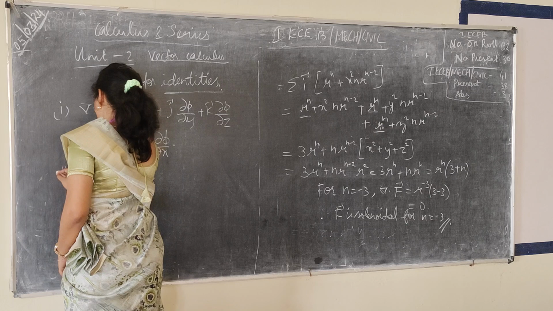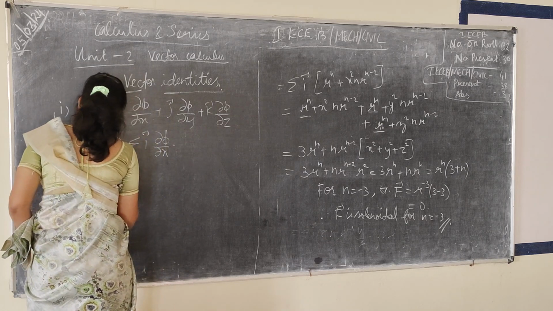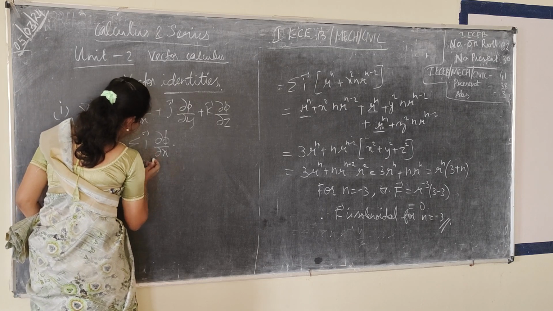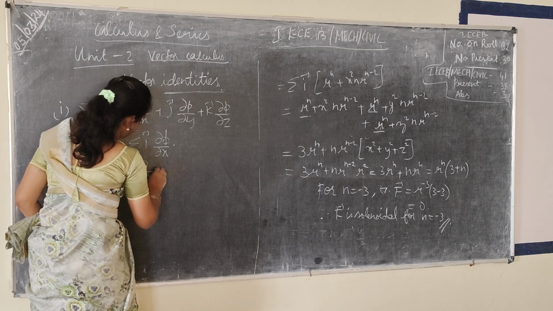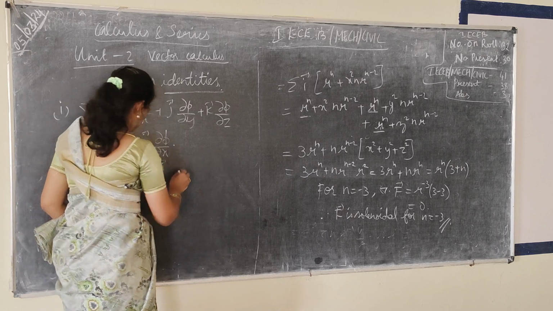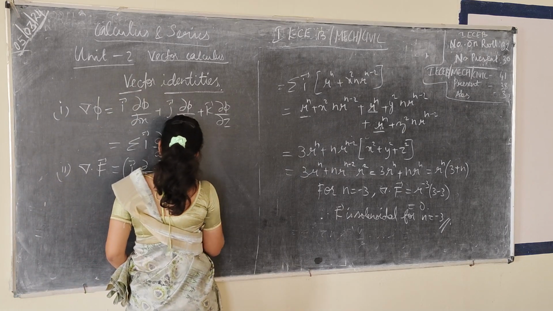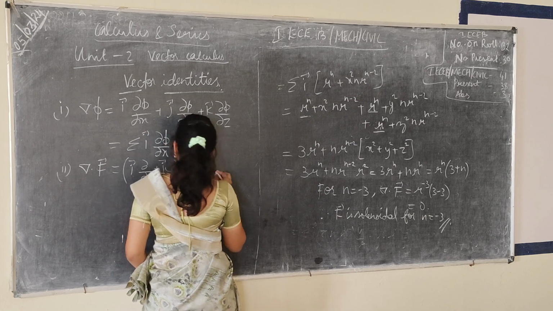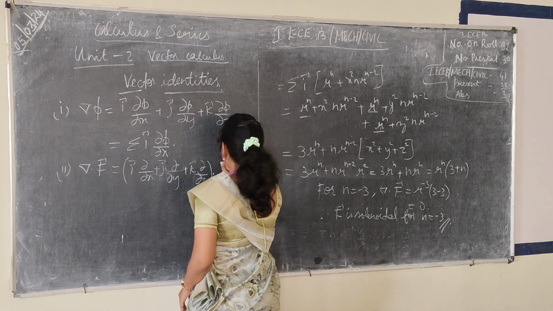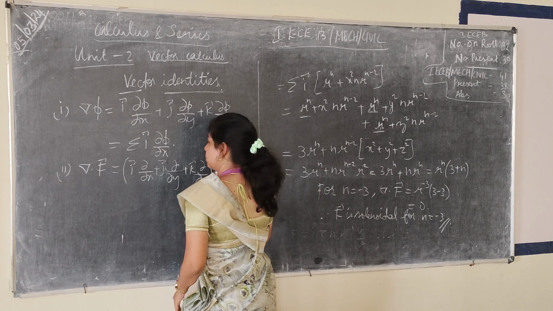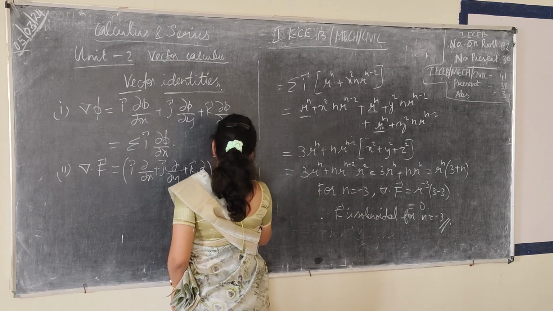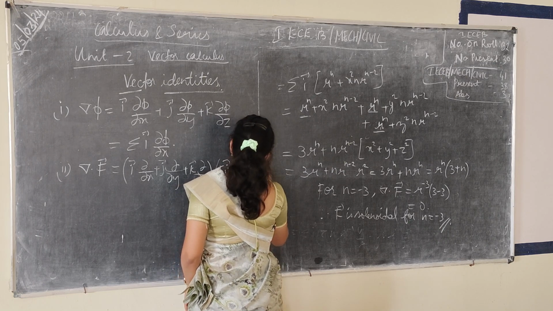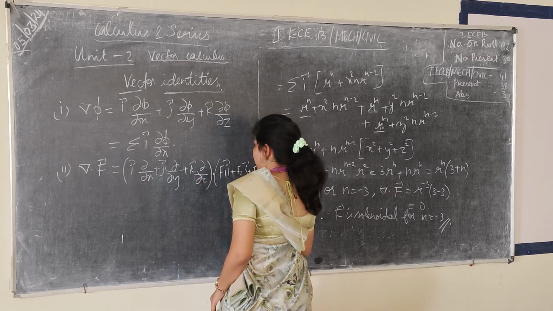Second thing is del dot f vector. This is del, which is i vector into dou by dou x plus j vector into dou by dou y plus k vector into dou by dou z, dot product f vector, which is f1 i vector plus f2 j vector plus f3 k vector.